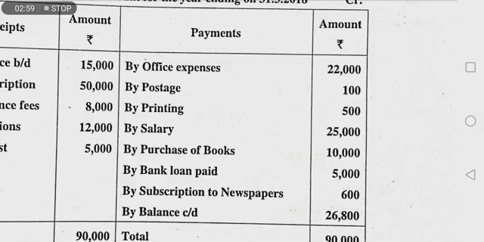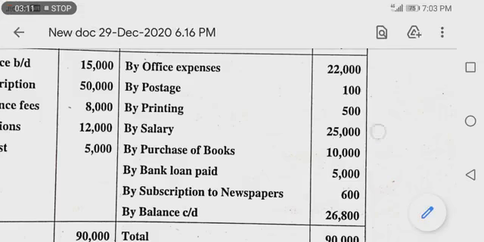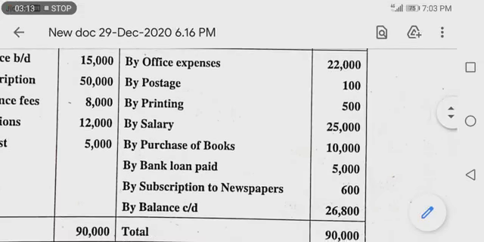And second one, postage, the expenses incurred for postal purposes, sending letters from one place to another, that is postage expense. And third one, printing, it's also a kind of office expense, for taking printouts of various information.